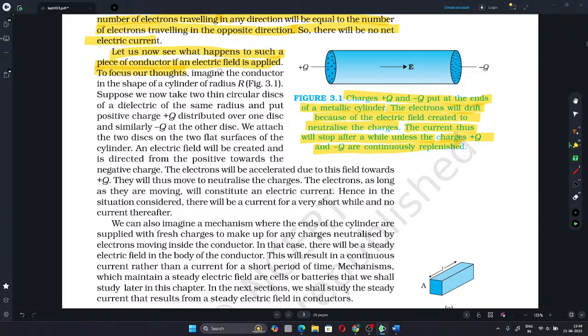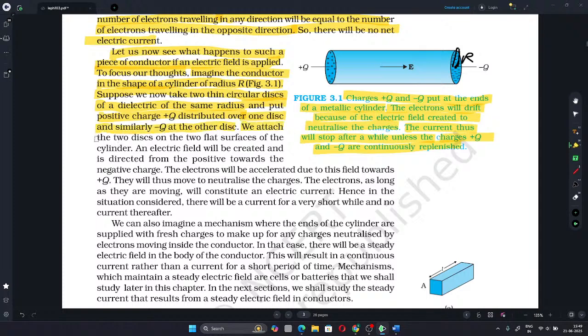To focus our thoughts, imagine the conductor in the shape of a cylinder of radius r. Suppose we now take two thin circular discs of a dielectric of the same radius and put positive charge plus Q over one disc and similarly negative charge on the other disc.